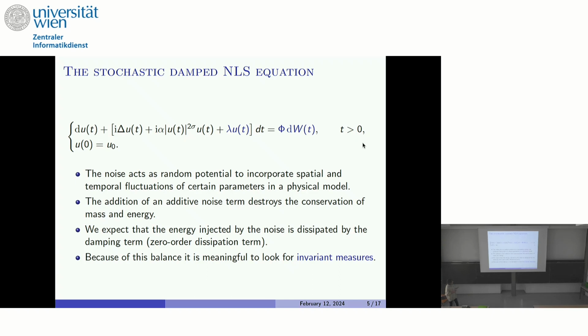The effect of these two terms is that you do not have conservation of mass and energy anymore, and you want to see if there is a balance between these two effects. So you want to study the statistical equilibrium, the invariant measure of the system. We are interested in studying this problem: the invariant measure of the nonlinear Schrödinger equation with a damping parameter and a stochastic forcing.